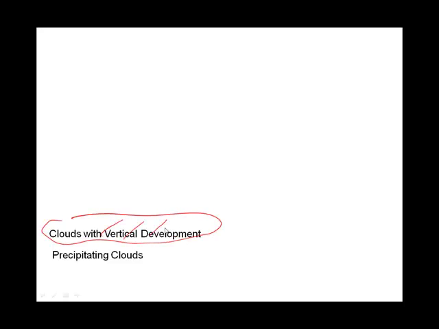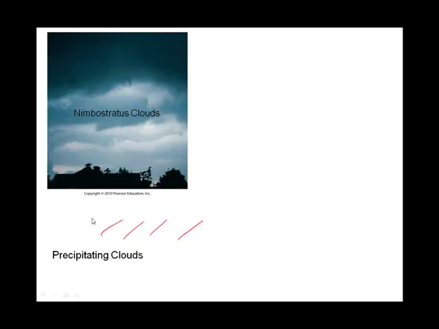Okay, I put this to remind you that if you printed out the slides, I have this slide with pictures marked clouds with vertical development, but I changed my mind, and actually these are my two types of precipitating clouds.